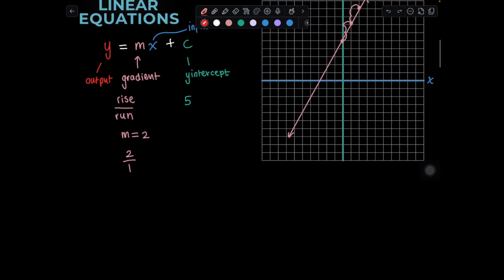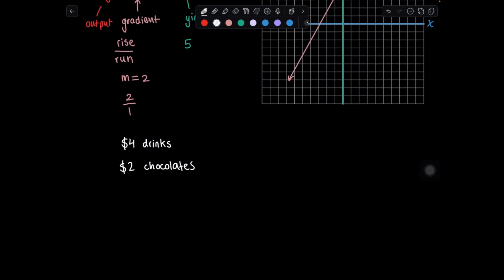So for example, I'll use a real life example to make this a bit more clear. So imagine you've already spent $4 on drinks. You've already spent that. And you're going to your friend's house and they want you to buy some chocolates, and the chocolates cost $2. If your friend wanted you to buy one chocolate, how much would you spend altogether?